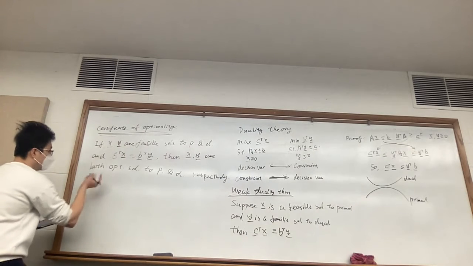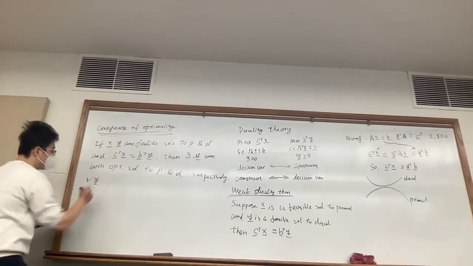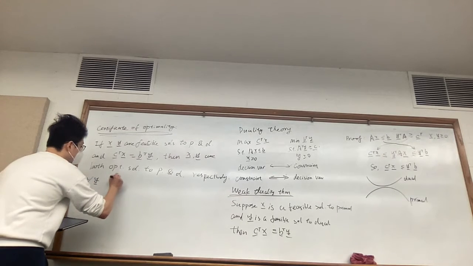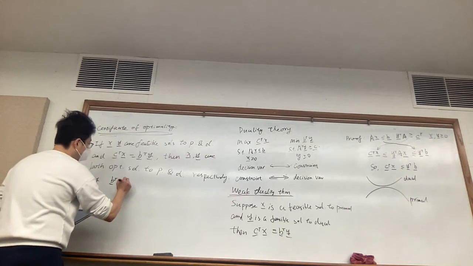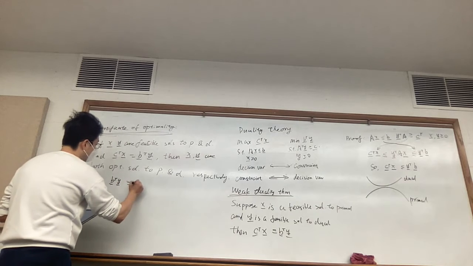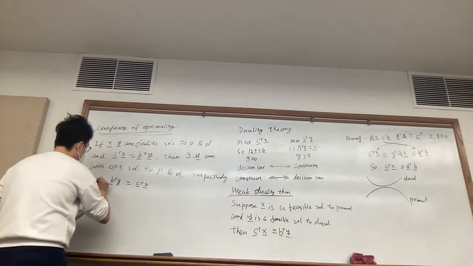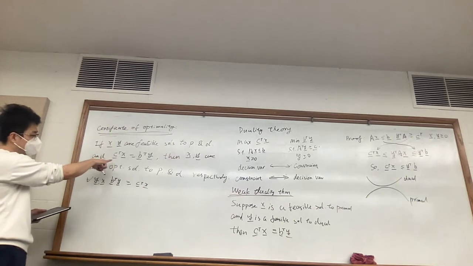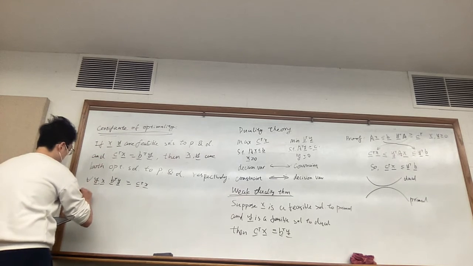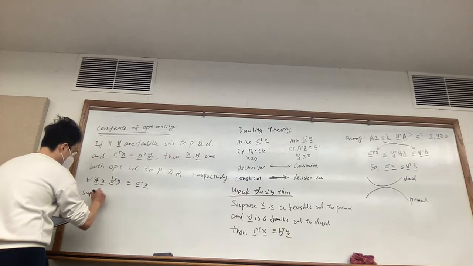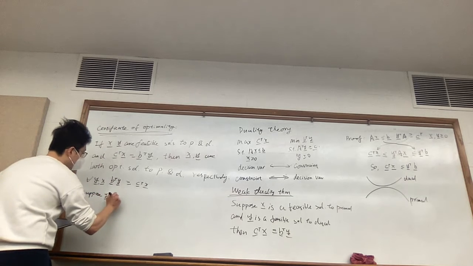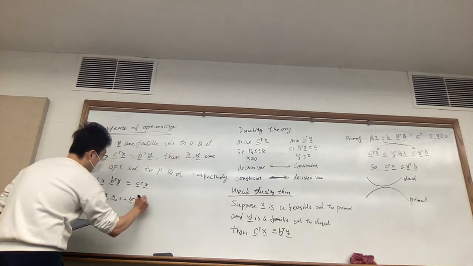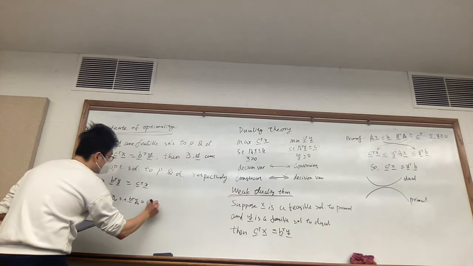We say that for any Y which is feasible to the dual problem, B transpose Y is greater than or equal to C transpose X, and also for any X. Now suppose we have Y0 and X0 such that B transpose Y0 is equal to C transpose X0.